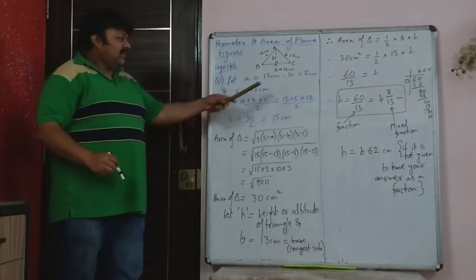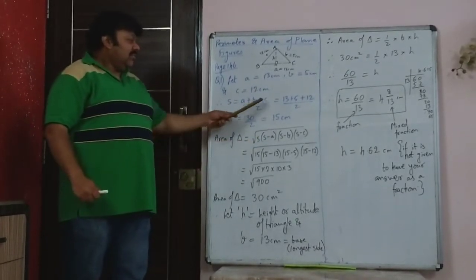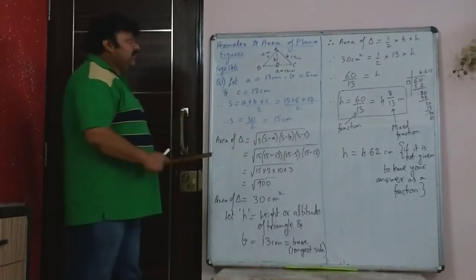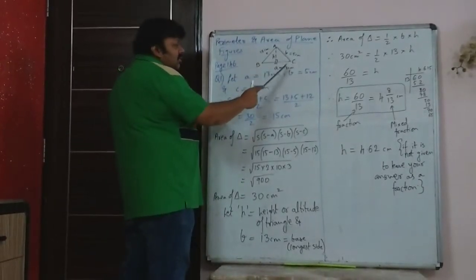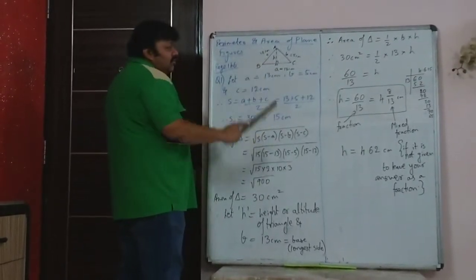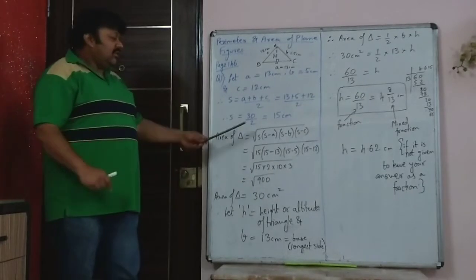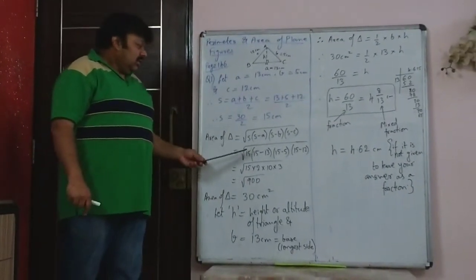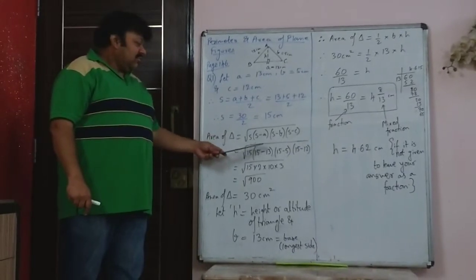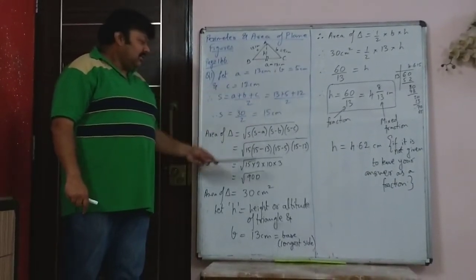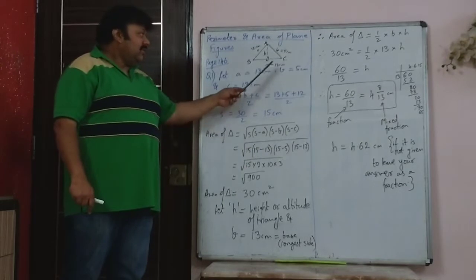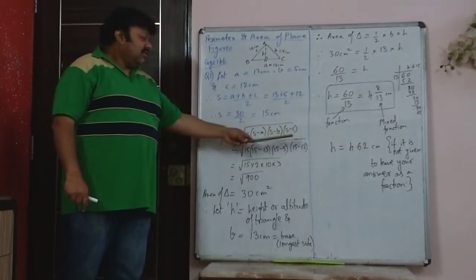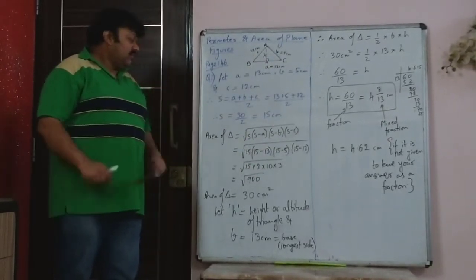So we first find semi-perimeter as a plus b plus c upon 2. So 13 plus 5 plus 12 upon 2, or 30 by 2, that is 15 centimeter. So area of triangle is root of 15, s minus a, 15 minus 13, s minus b, 15 minus 5, and s minus c, 15 minus 12.